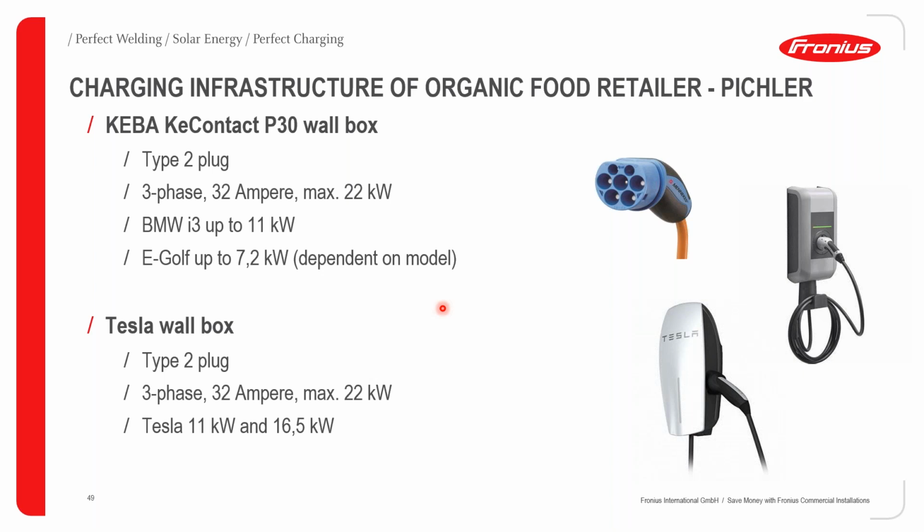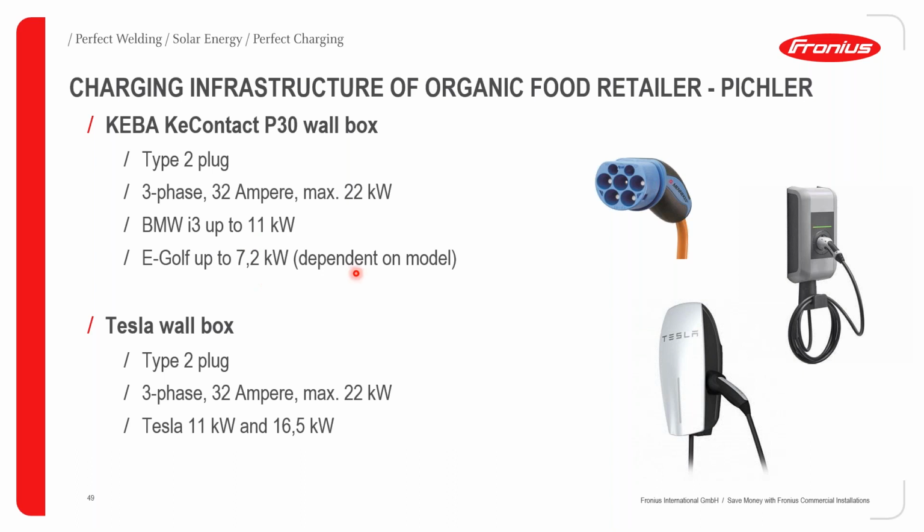So for the IKEBA, it's of course a 3-phase with a 32 ampere current capacity and then maximum power output of 22 kilowatts. Of course, like I said earlier, used to charge the BMW and the Golf. So for the BMW i3, charges up to 11 kilowatts, and then for the Golf consumes 7.2 kilowatts.